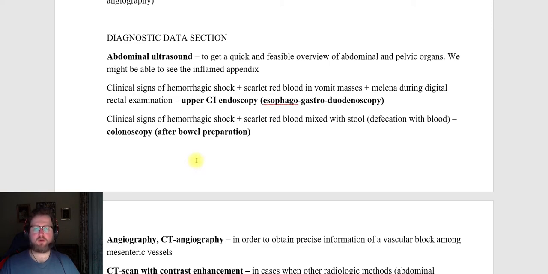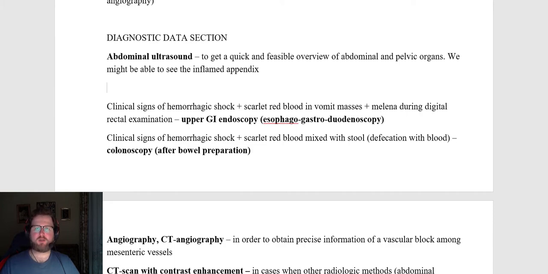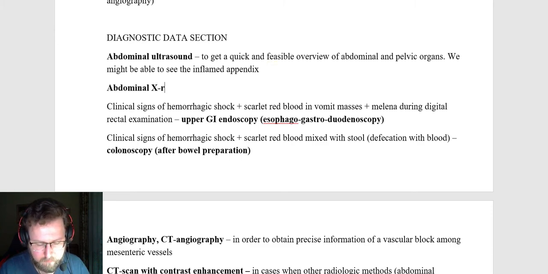A couple of words about abdominal X-ray. It must be mentioned after abdominal ultrasound. Abdominal X-ray might be an extremely valuable diagnostic method if you suspect perforation of a hollow organ.